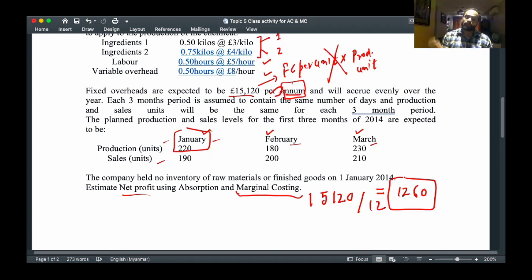So do not calculate fixed cost using production units. Calculate fixed cost as a total, which is 15,120 divided by 12, which is 1260. Everybody understand this point? Okay, so 1260.